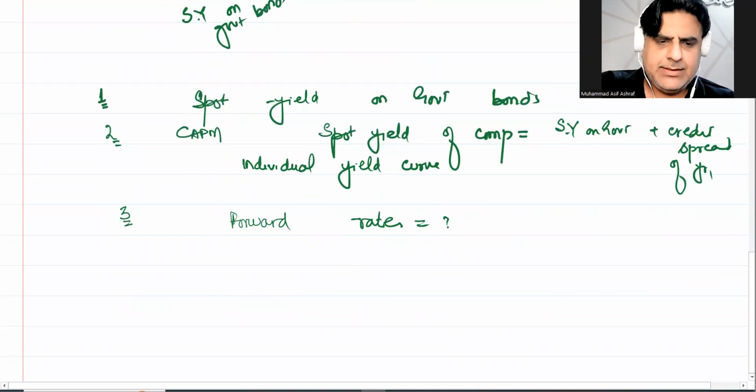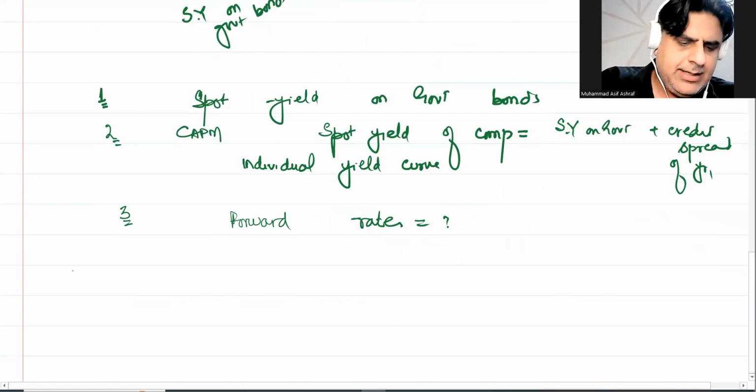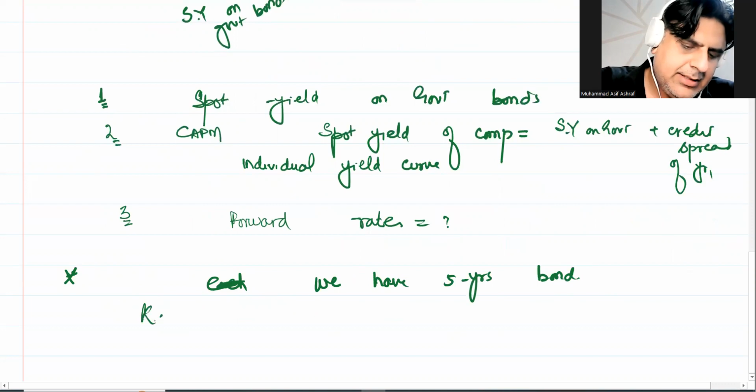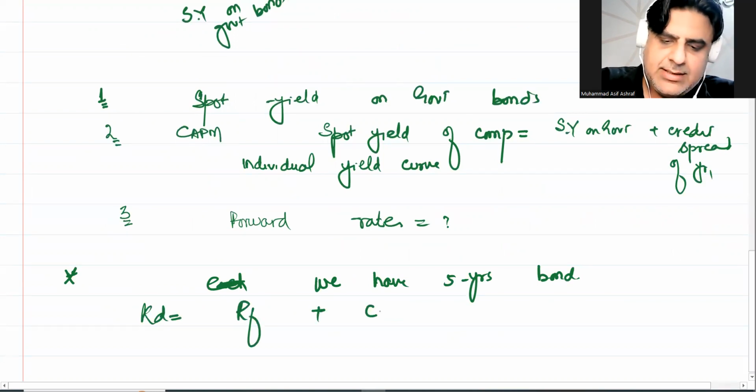Okay, so now I'll explain it in detail. Let's say, for example, we have a 5 year bond and I want to calculate its cost of debt or yield. I'll be just using RF plus credit spread.